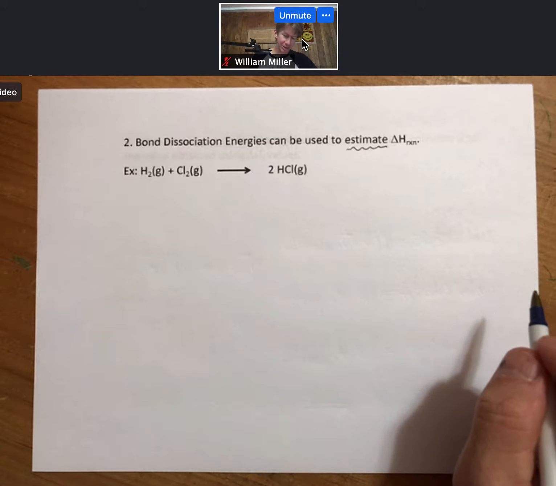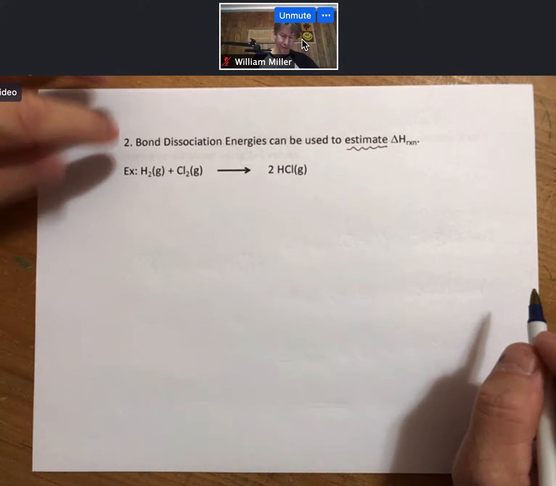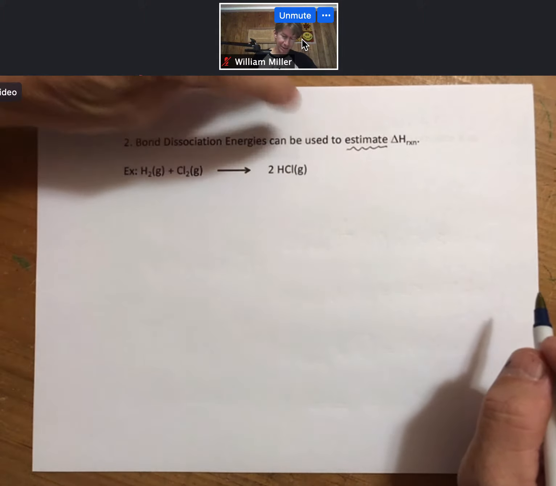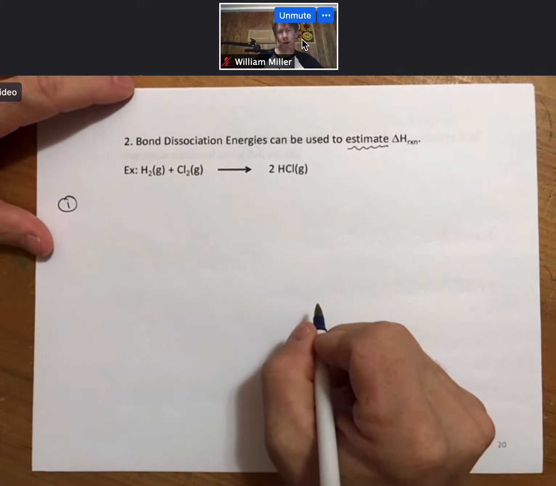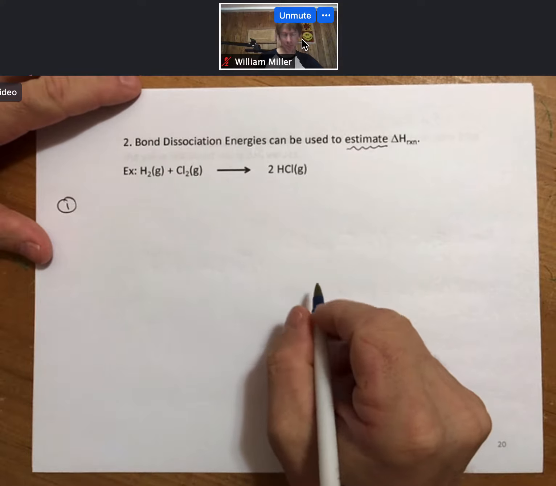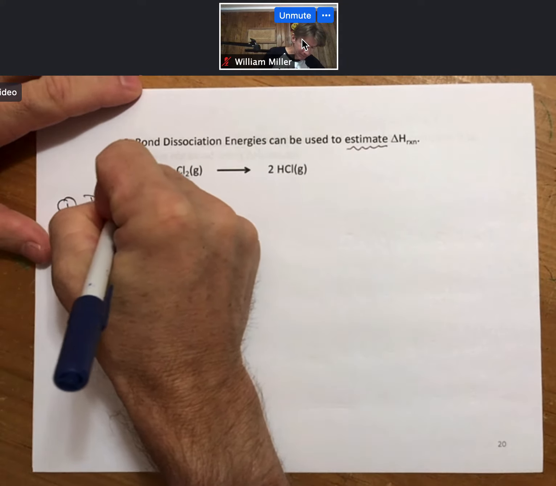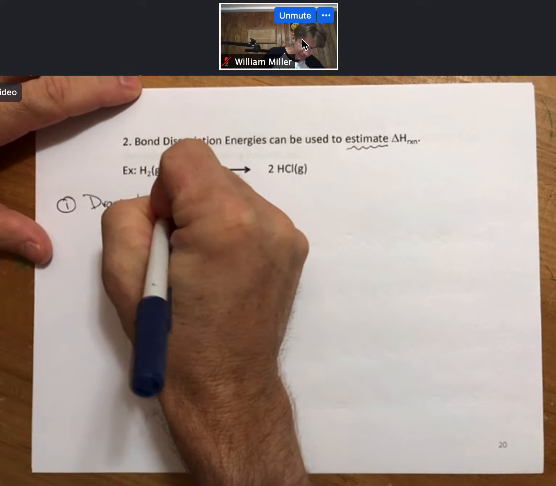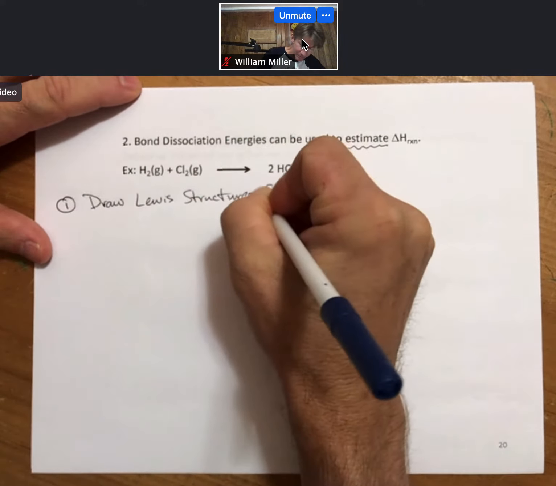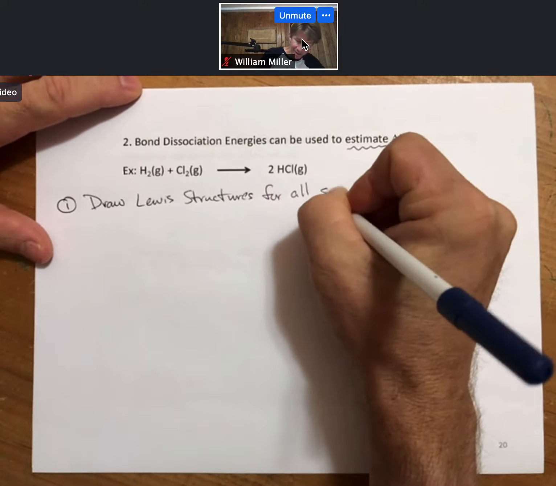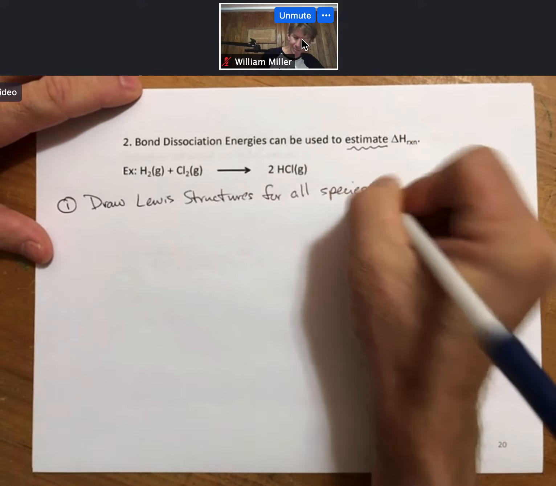And the process goes like this. So when given a reaction and asked to estimate delta H of reaction, step one, you draw Lewis structures for all species. And by species, I just mean reactants and products.